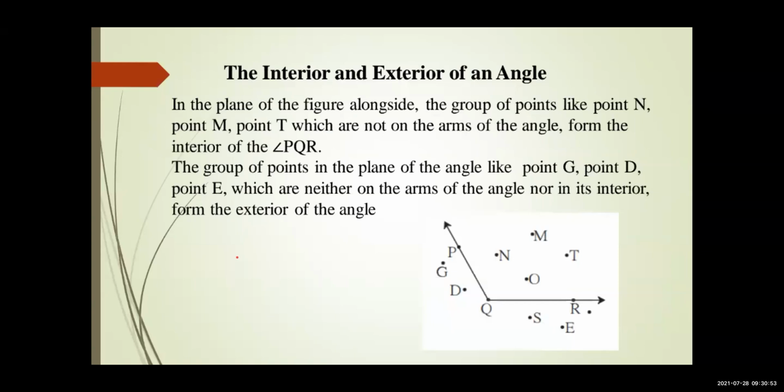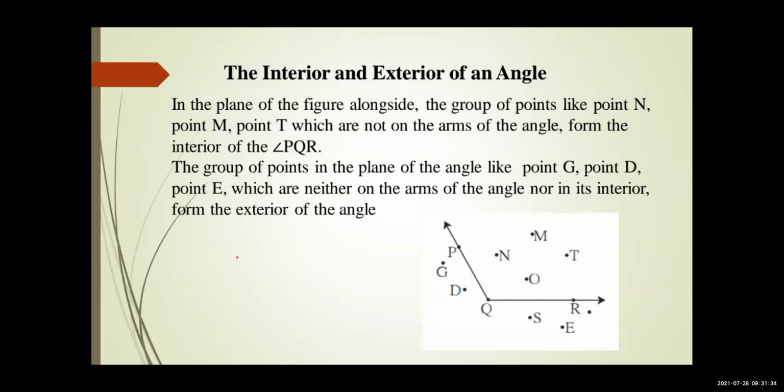So what is the interior and exterior of an angle? In an angle, we have to tell the interior part and the exterior part. In the plane of the figure alongside, the group of points like N, M, T, which are not on the arms of an angle, form the interior of the angle PQR.